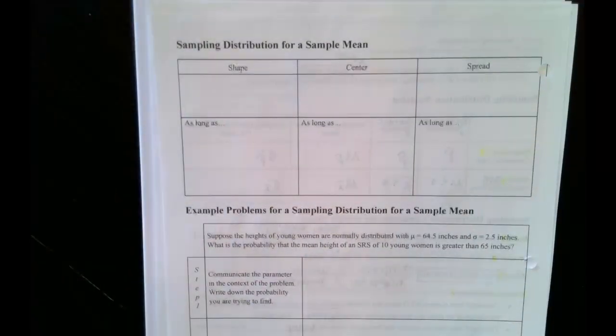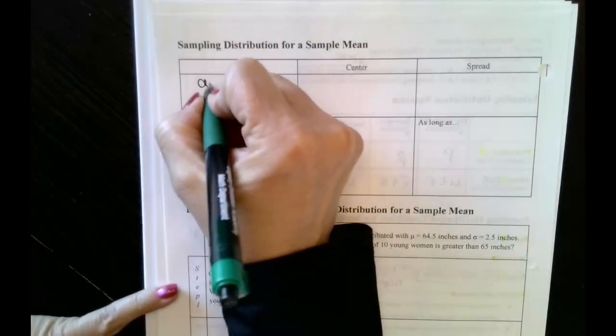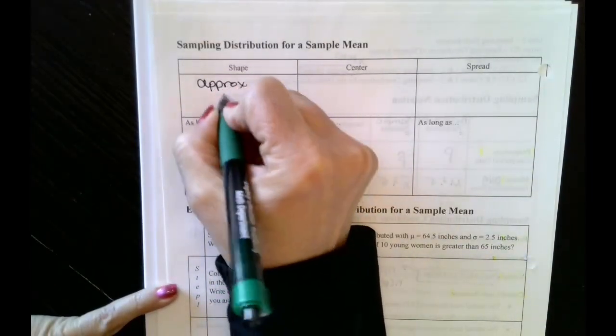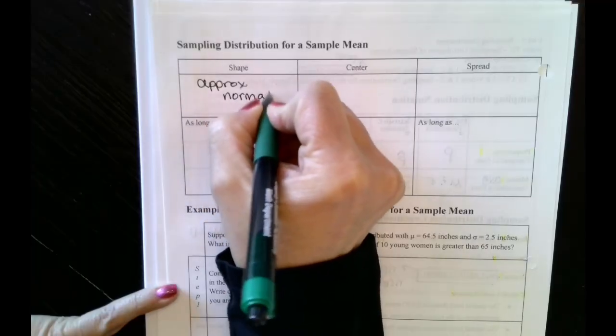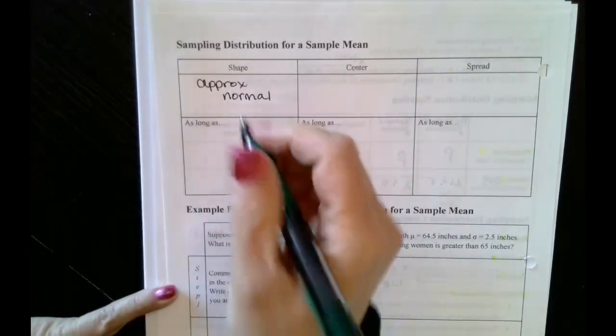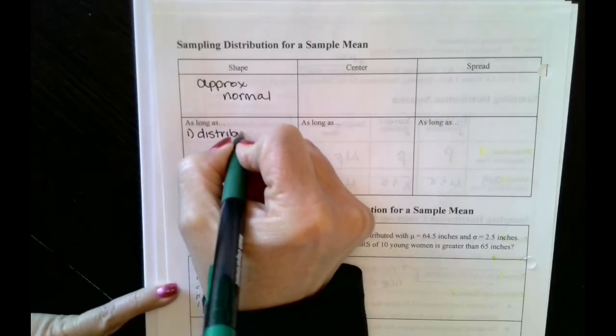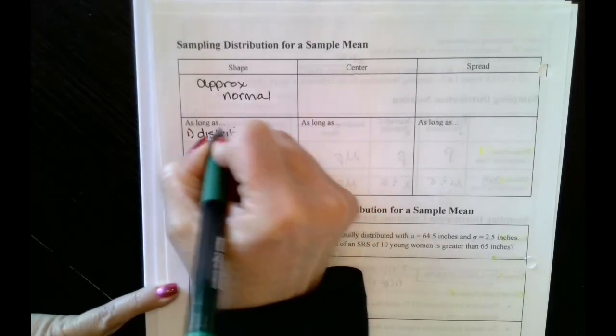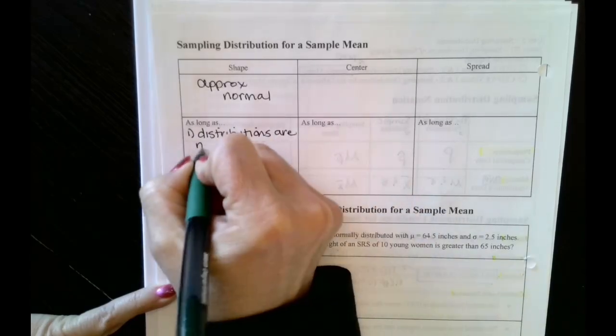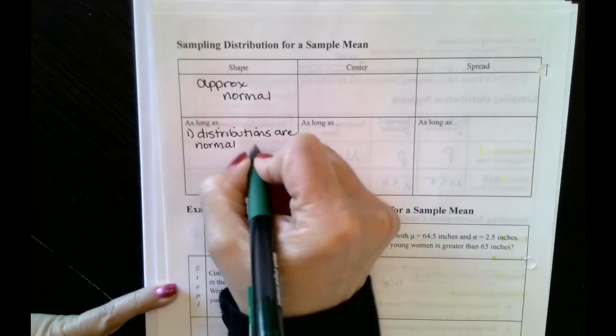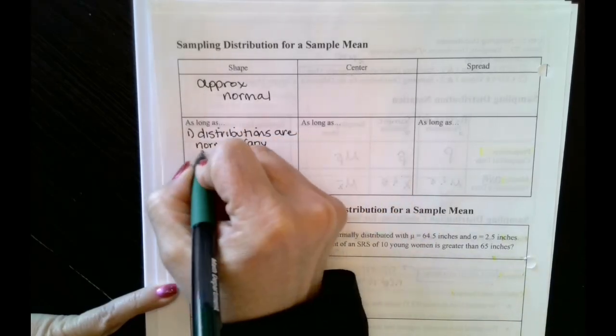Okay, so let's put this in a little chart just so we can compare this a little bit. So shape. Again, we know that the shape is going to be approximately normal if we have one of two conditions. One, if the distributions are normal. And this goes for any sample size.